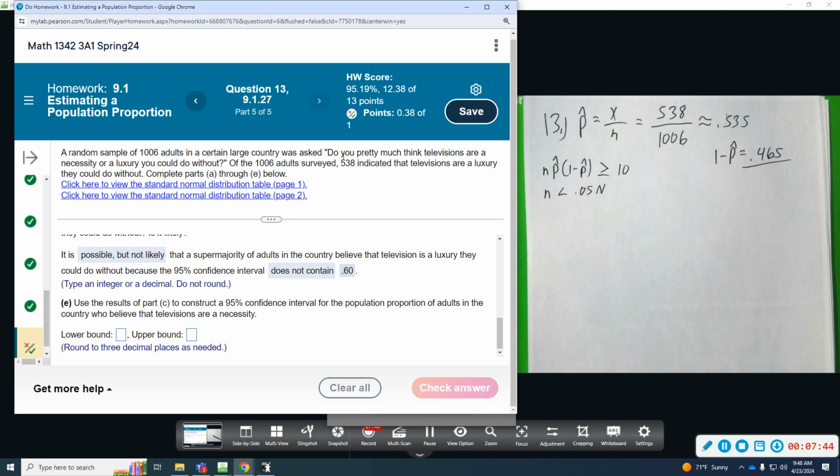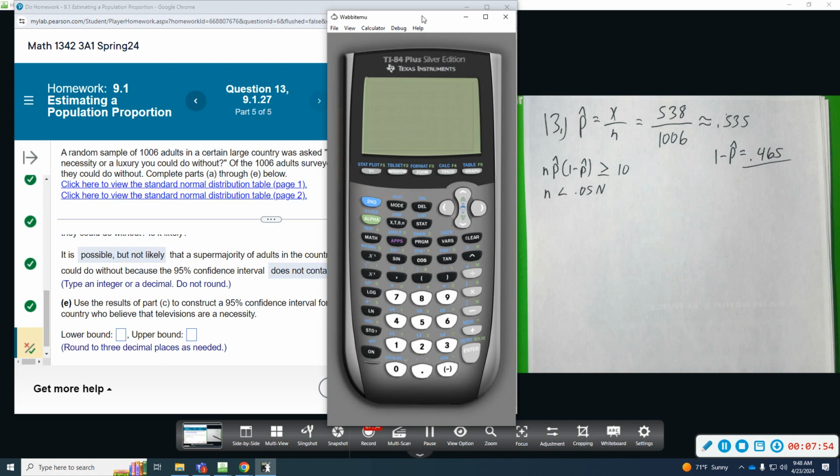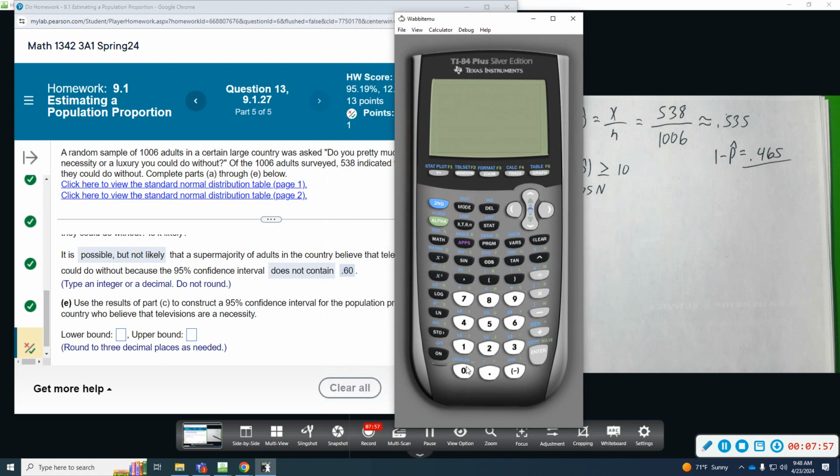If 538 out of 1,006 believe that it's a luxury, then the remaining count is 1,006 take away 538, which gives 468. That matches the 1 minus p hat of 0.465, so we're just doing it with the 1 minus p.